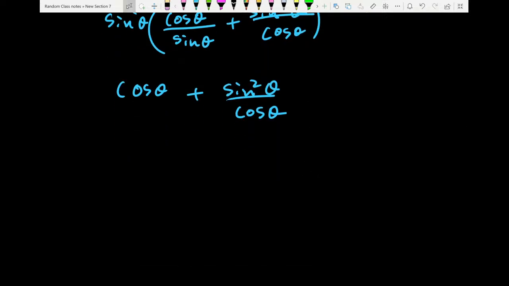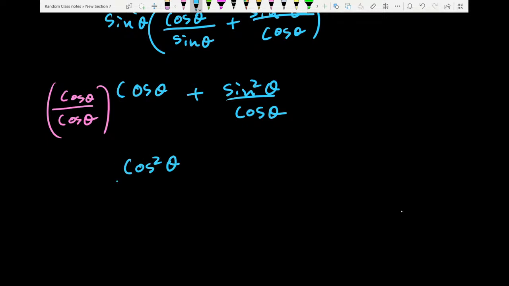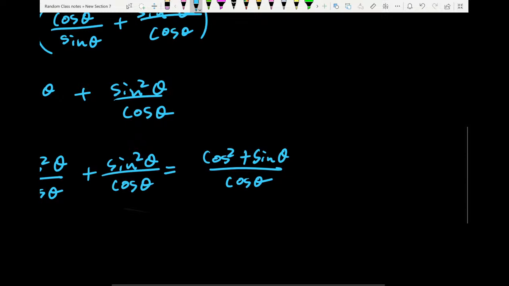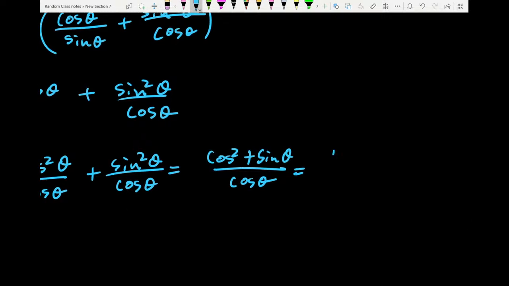Now you have to get the common denominator, remember? You get cosine squared of theta over cosine of theta plus sine squared of theta over cosine of theta. Since the denominator is the same, you can combine them. And wow, look at this. What is this equal to? It becomes secant of theta. Done.